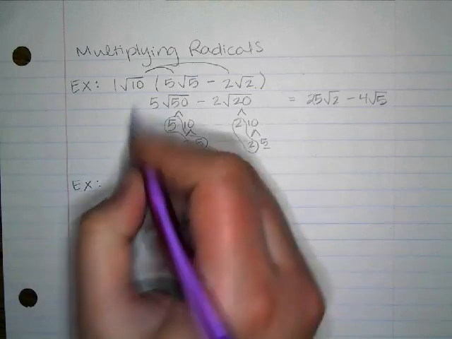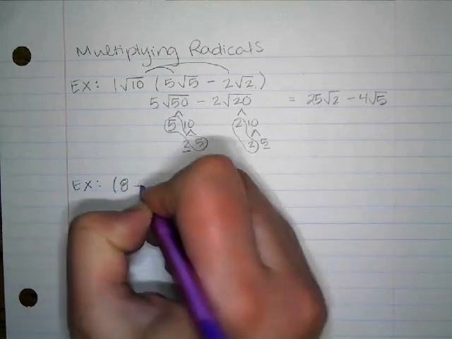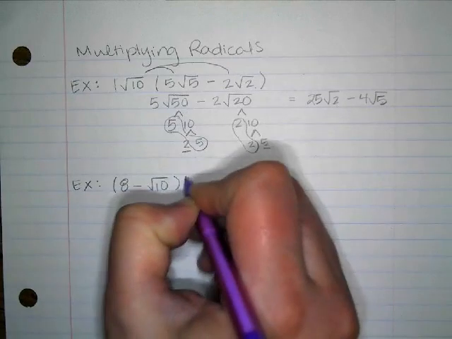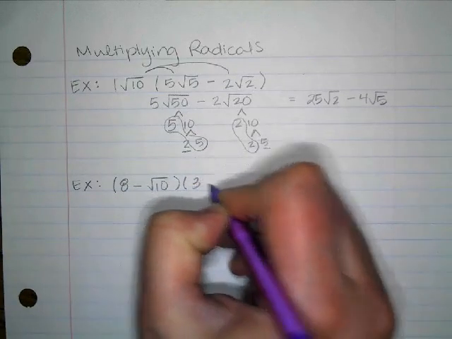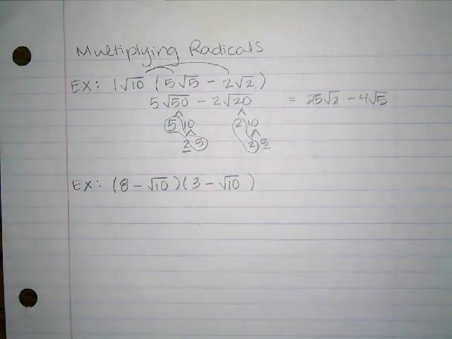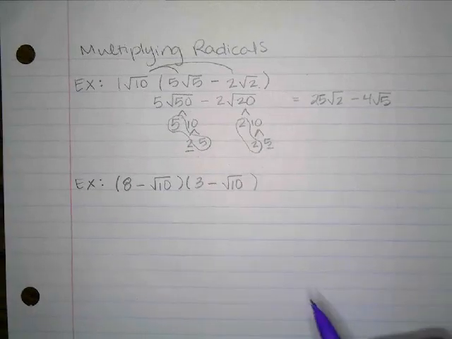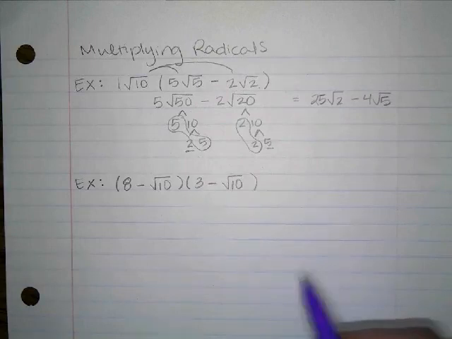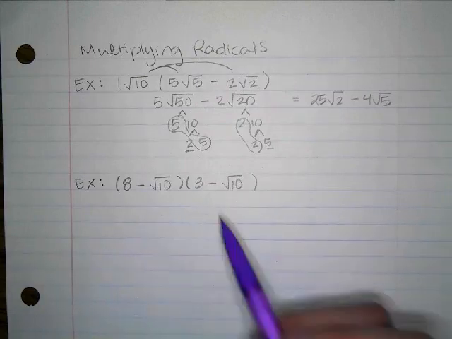All right, this one says 8 minus root 10 times 3 minus root 10. How do we multiply these?